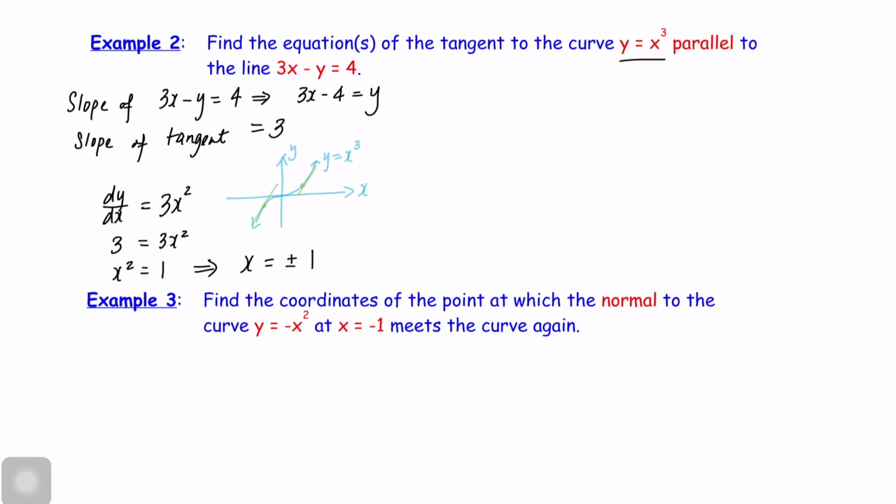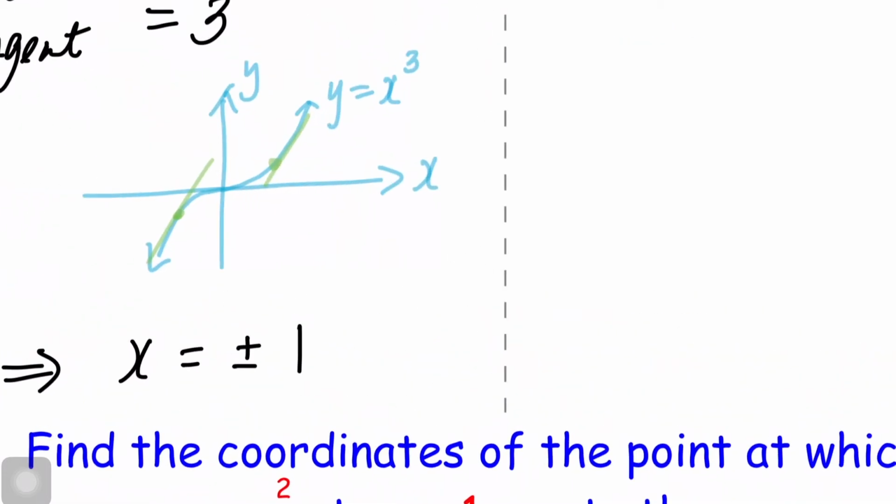Okay. All right, so one at a time. And I know that because the function is y equals x cubed, the coordinates are (1, 1) and (-1, -1) at the points of tangency.